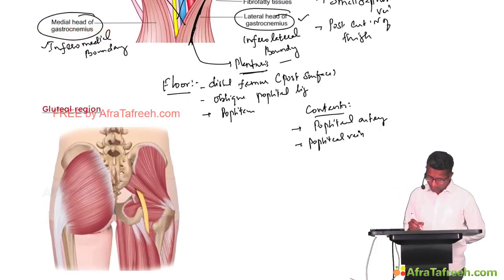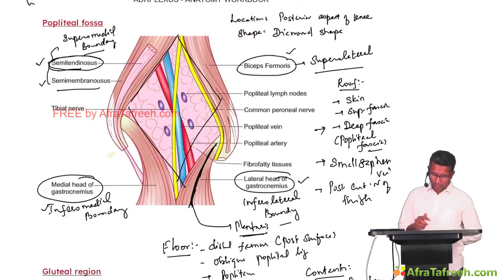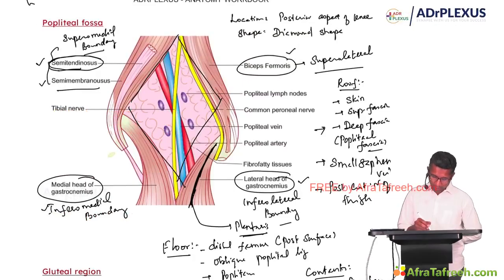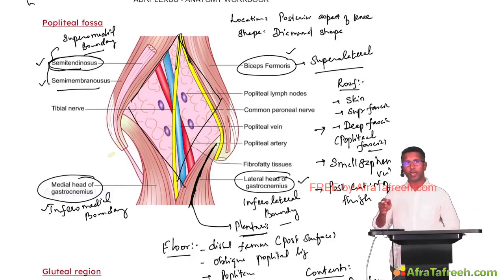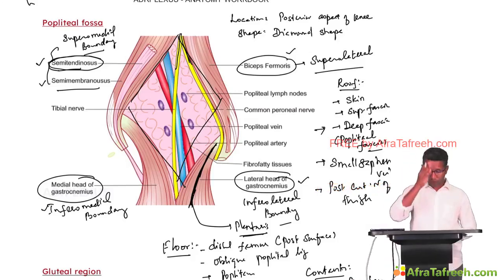And the next structures present in this are the two divisions of the sciatic nerve. If you see here, when the sciatic nerve reaches the superior angle of the popliteal fossa, it divides into two, one here and one here. One runs along the superolateral border and one runs straight down.